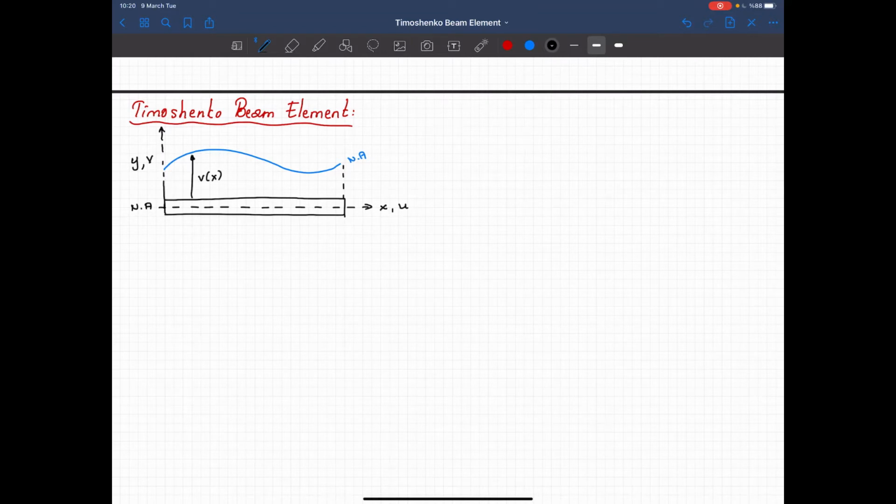Now the difference here is the plane sections don't remain plane, but they don't have to be perpendicular to the neutral axis. So I can have, let's exaggerate it a little bit, a deformed shape as follows. Sorry for the bad drawing. Let me redraw it.